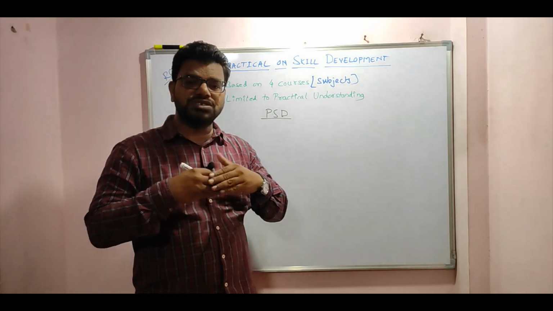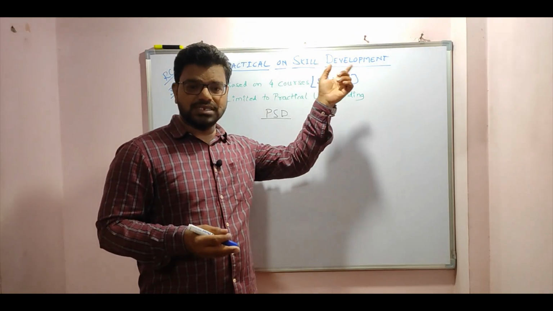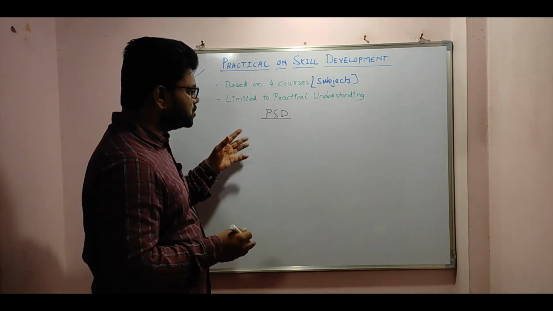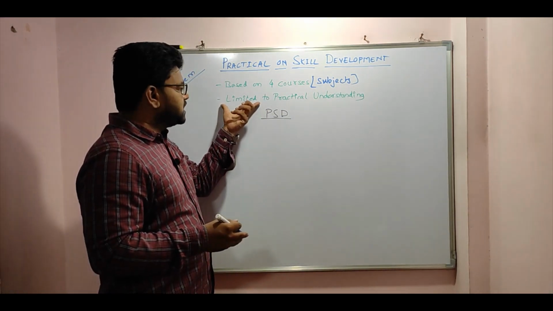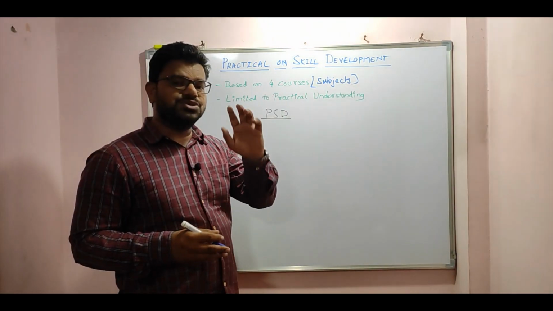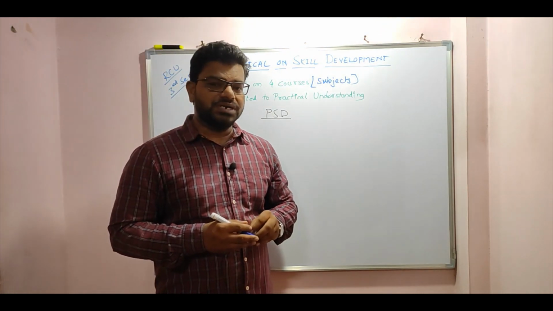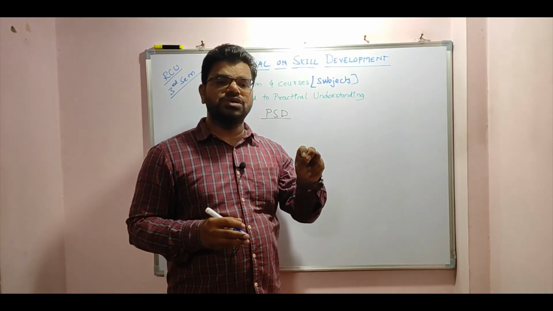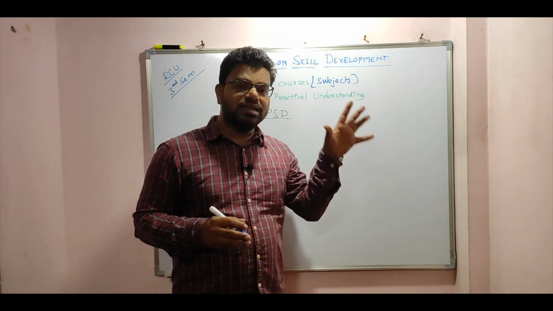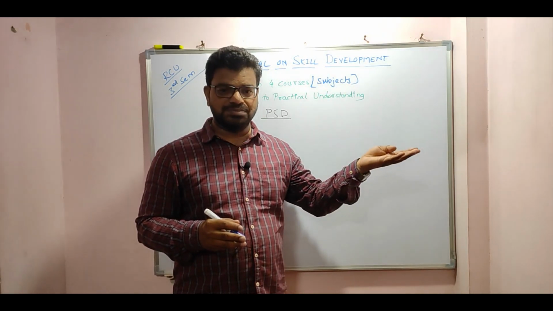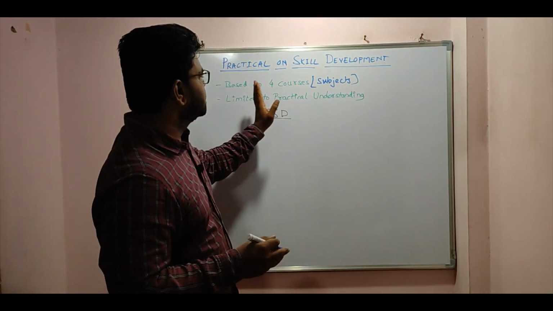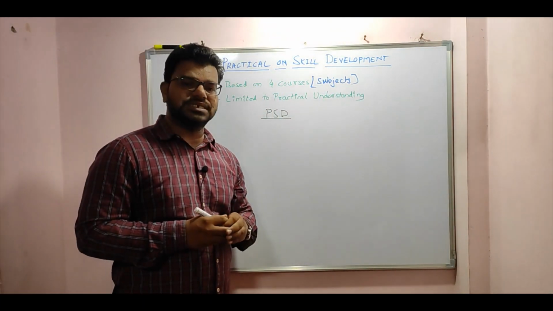So you don't have to study separately for this subject. In your language, we call it as course. And you should understand that it is limited to practical understanding of students. Right? So only those things, a very easy part, have been taken out so that students can practically learn those 4 courses. Right? And for all these kind of things, we have done this separate thing called as PSD.